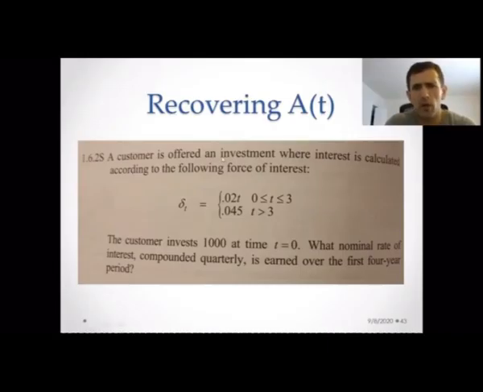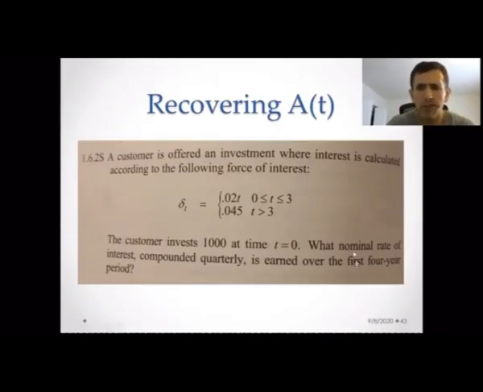So a customer is offered an investment. Interest is calculated according to this force of interest: delta sub t is 0.02t for t between 0 and 3, and 0.045 for t bigger than 3. The initial investment is 1,000. What nominal rate of interest compounded quarterly is earned over the first 4-year period?